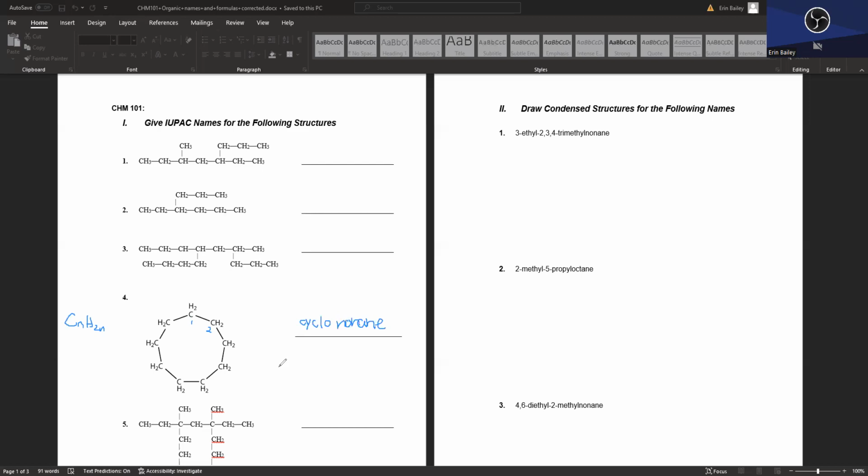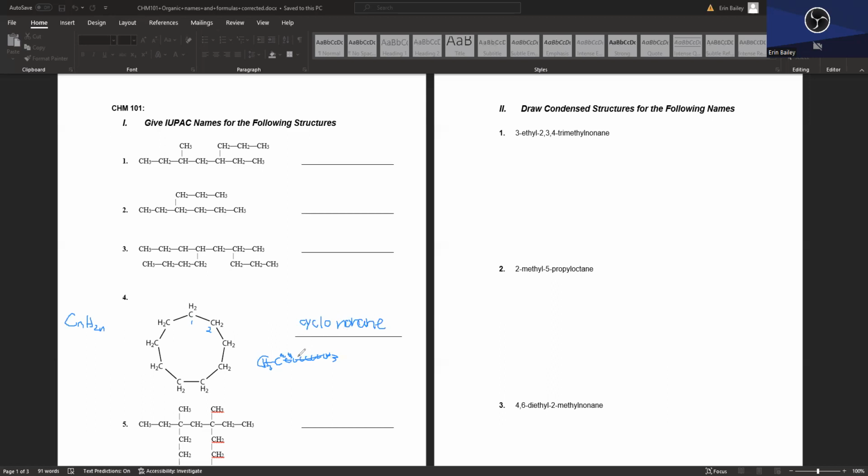So if you had just regular nonane, it would be 1, 2, 3, 4, 5, 6, 7, 8, 9 carbons all connected together. The ends are going to have 3 hydrogens, and every single one in the middle is only going to have 2 hydrogens, right? So the chemical formula is going to be different.